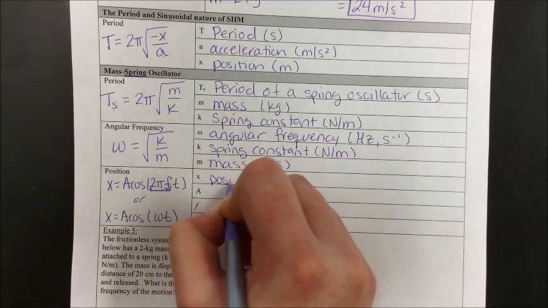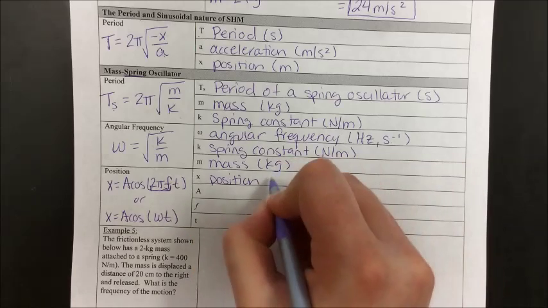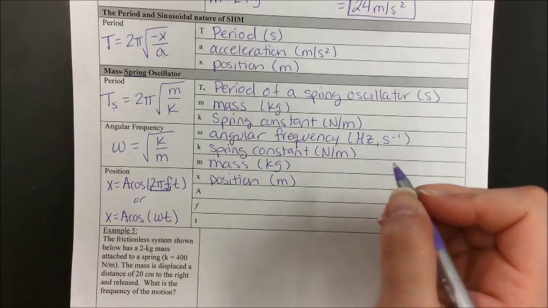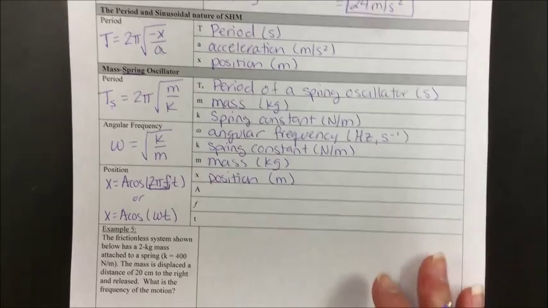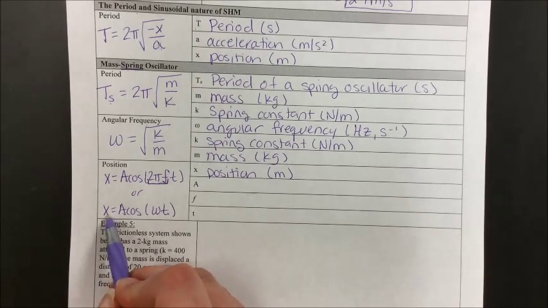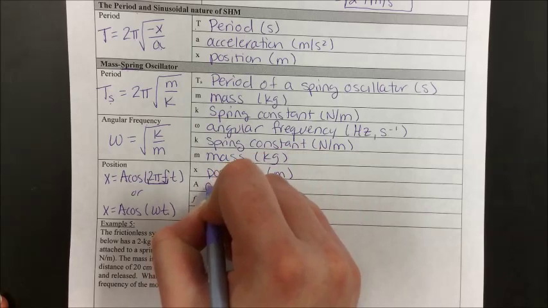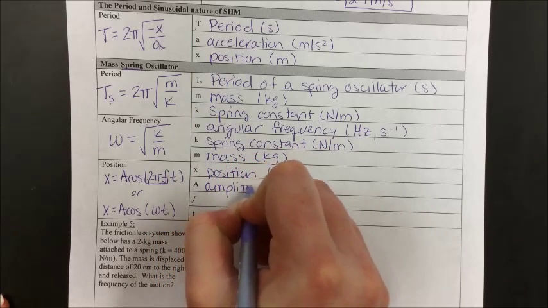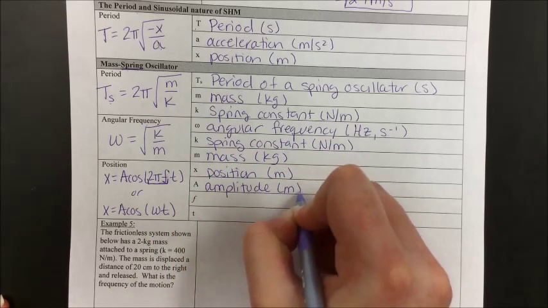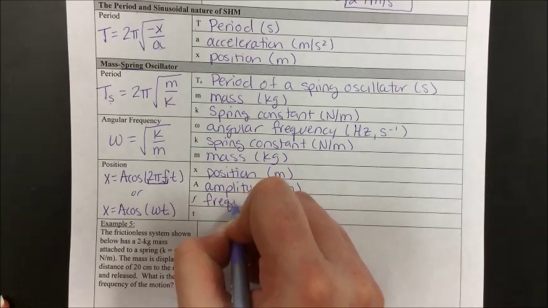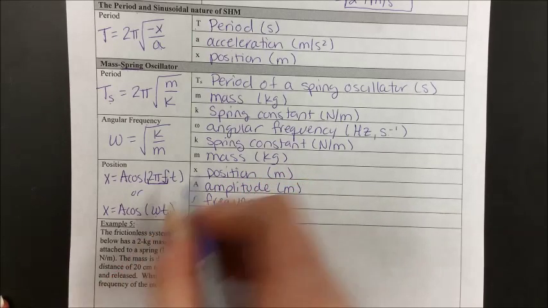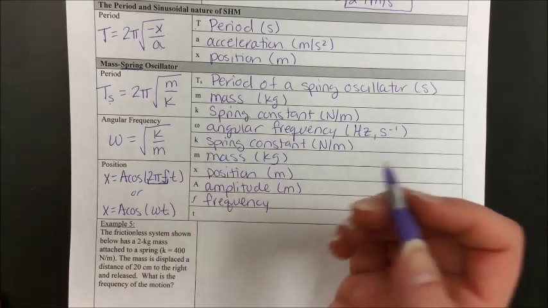So x is going to be the position, and that's at any given time. So let's say that we're 10 minutes into our oscillation, we can figure out where the mass is going to be. A is amplitude, also measured in meters. F is going to be the frequency, and W is going to be our angular frequency.